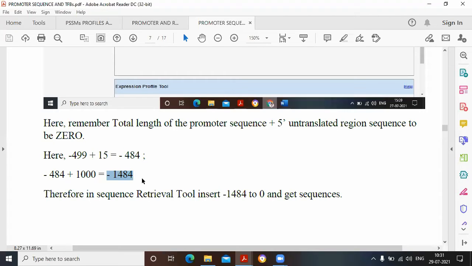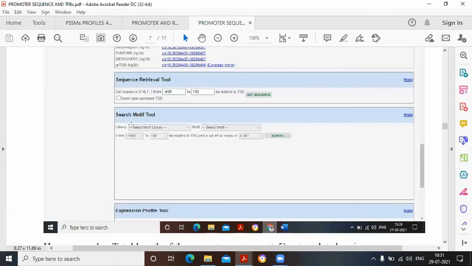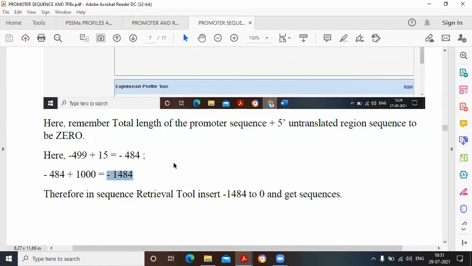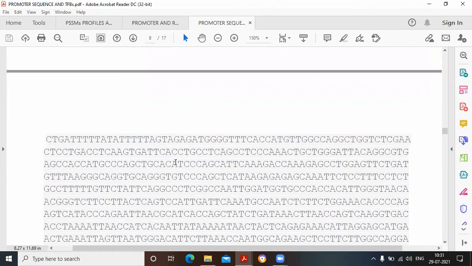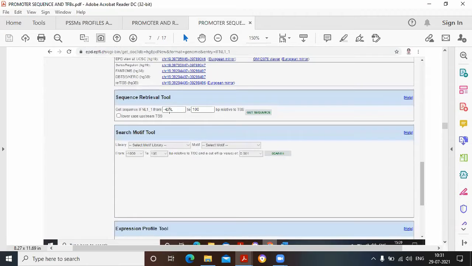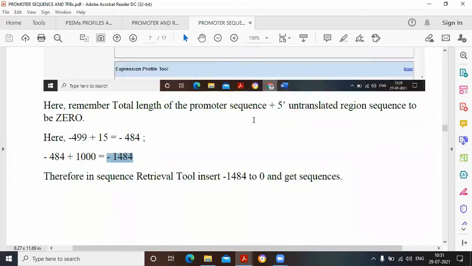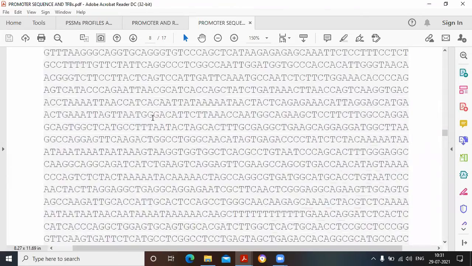So we change this here: instead of -499, write -1484 to 0. Instead of 100, make it 0. Then click on get sequence, and immediately you will get the sequence.